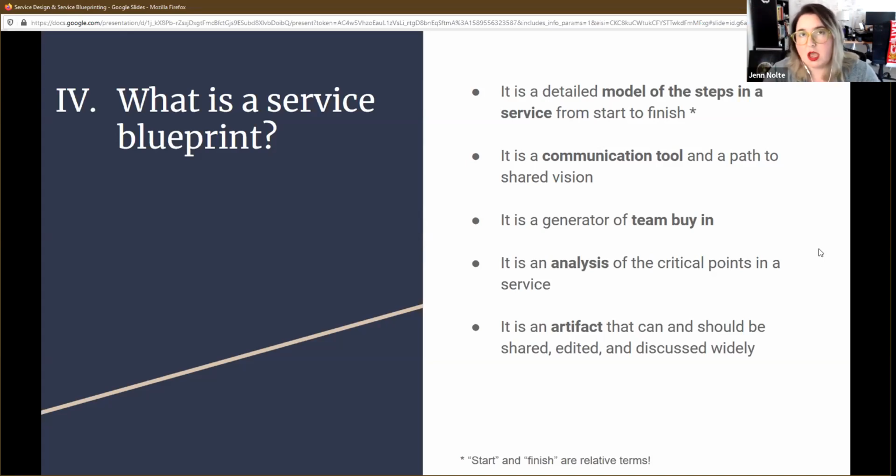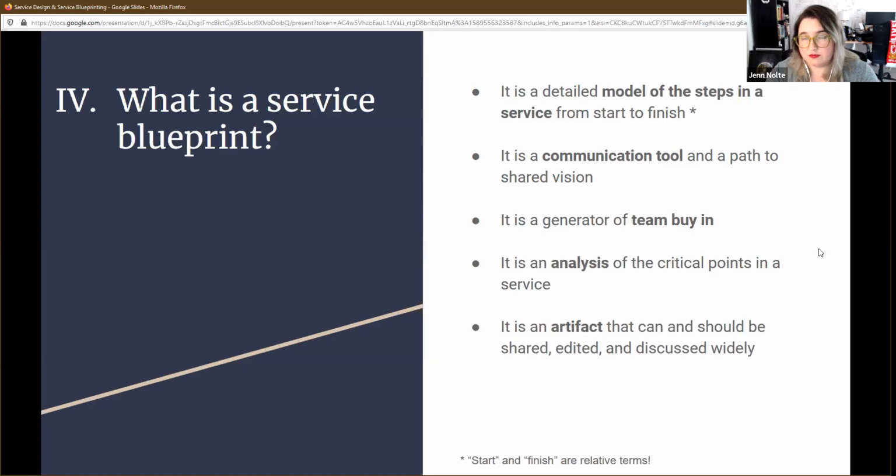So in other words, the service of, let's say, checking out a book to a patron. What is the start and the finish of that particular service? Is the start of the service when the patron walks up to the service desk or circulation desk?